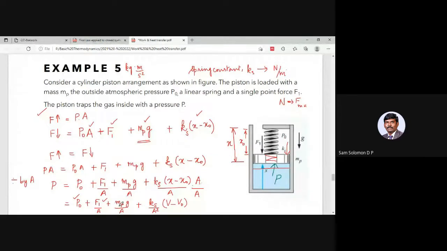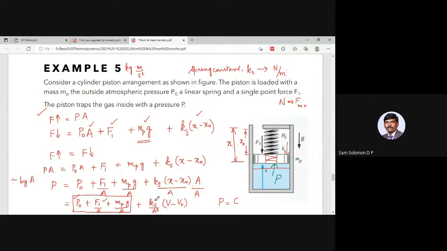And the mass of the piston is not going to change. The acceleration due to gravity is not going to change. The area of the piston is not going to change. So these three guys can be taken as some constant C.